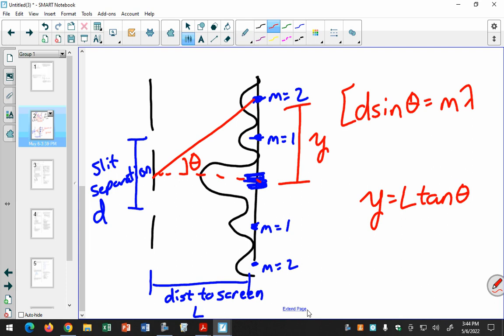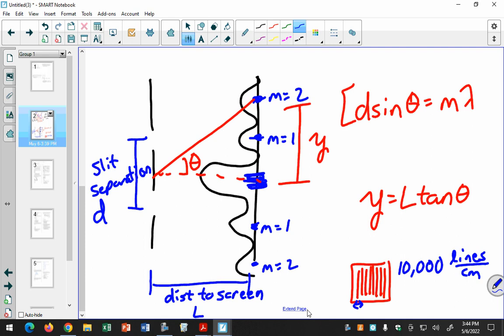The one difference for the diffraction gratings is that the diffraction grating, instead of having 2 slits, has thousands, even millions of slits. And so if I want to know the distance between those, I would give you, say, 10,000 lines per centimeter. A line is a slit, but we just usually call them lines. Sometimes we'll call them slits.